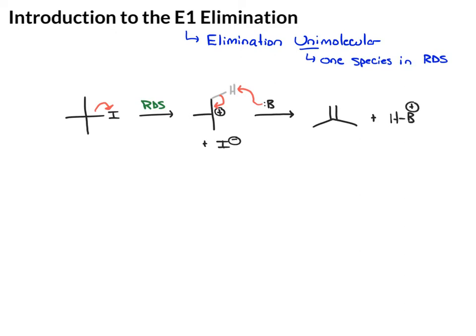So because this first step is the rate determining step, the rate for this reaction is the rate constant times the concentration of the organohalide. So it's the same as SN1.